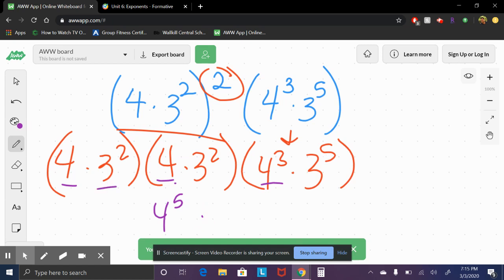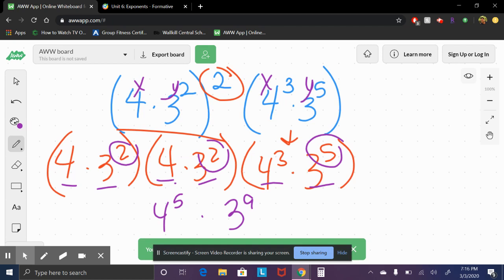And then we have 2 3's here, 2, 4, and then plus 5. 2 plus 2 plus 5 is 9 3's. All right, you can't combine those. They're not like bases. Same thing with letters. You would also apply these to letters. Say if these were X and Y, you would do the same kind of thing. You would just expand it out, count the number of X's, count the number of Y's.